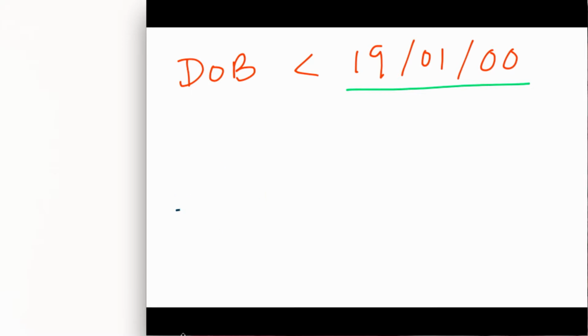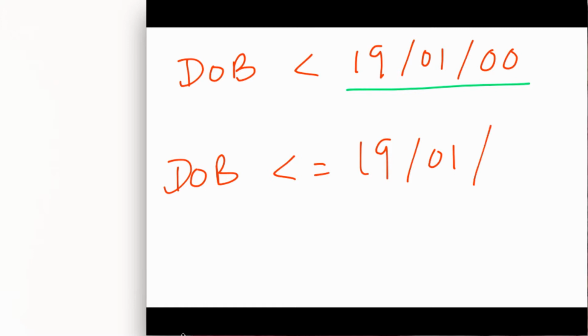As opposed to if I used the less than or equal to 19th of the 1st, 00, well then this result here would appear in the results, because it does equal that. And again, the more than symbol would work similarly.